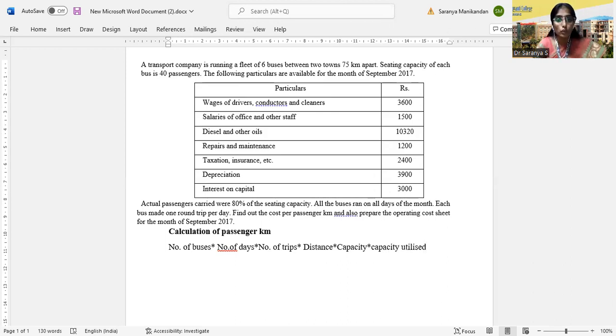So this is the formula to find out the passenger kilometer. So number of vehicles, and here the vehicle is bus, into number of days and how many trips and distance and capacity and how much is the actual capacity we utilized.